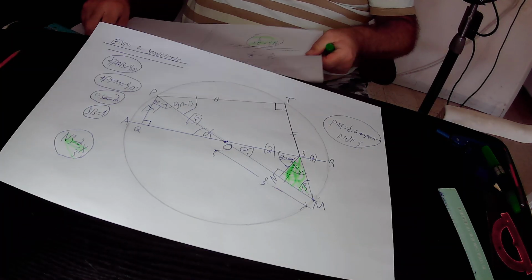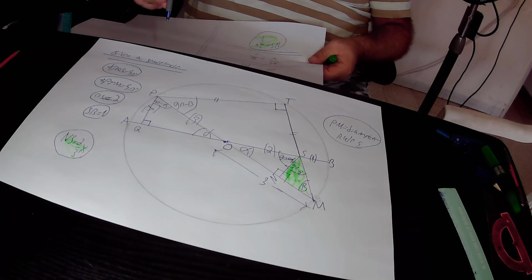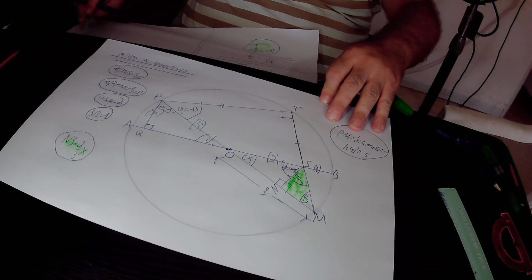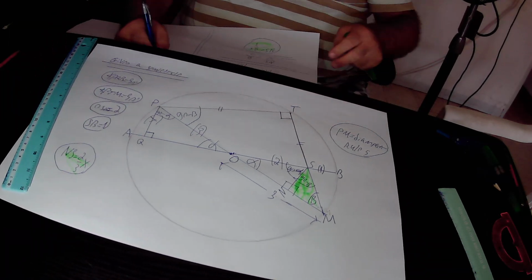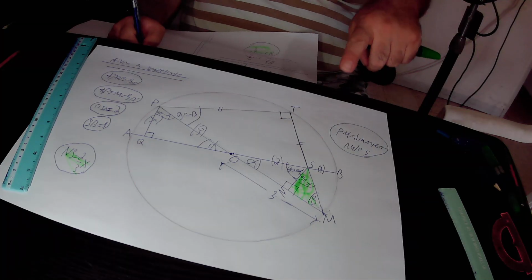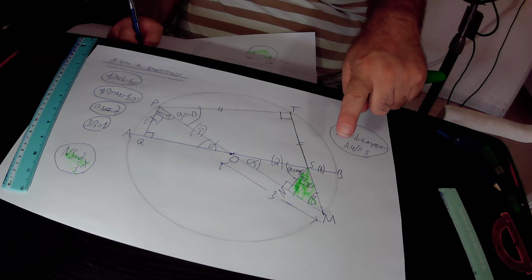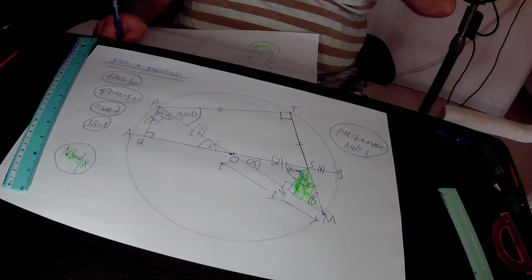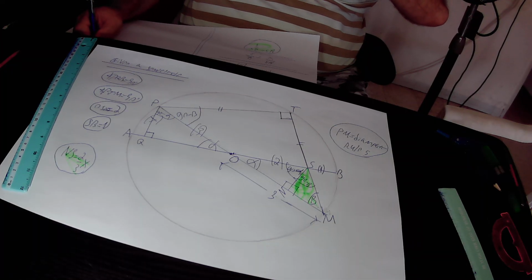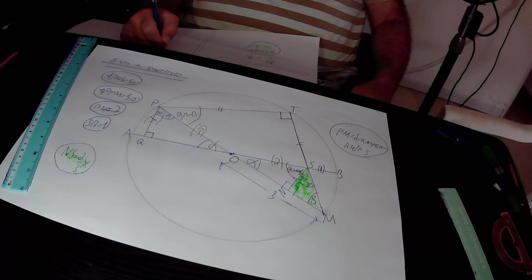So write it down: we have found out that the big right triangle PTM is similar to this small green right triangle SNM according to angle similarity rule.